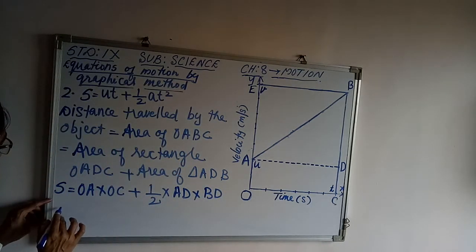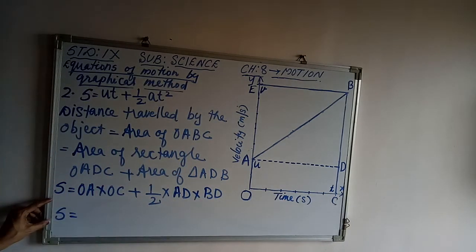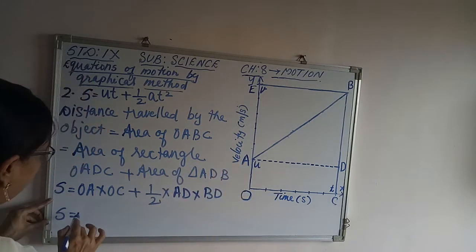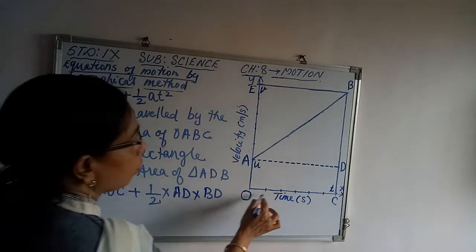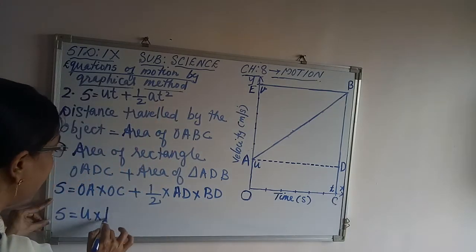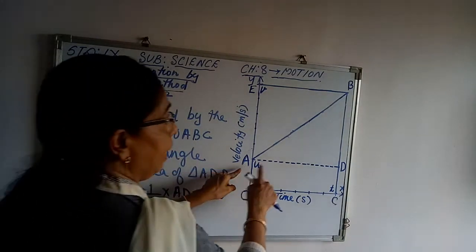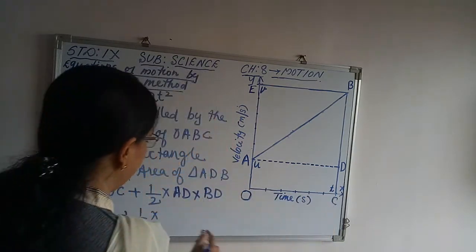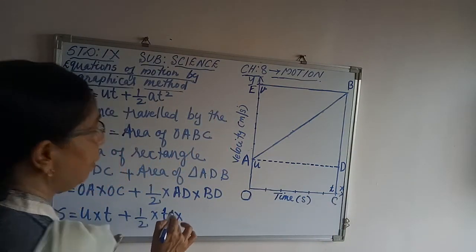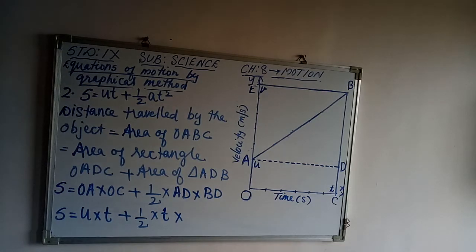So S is equal to, what is OA? OA is equal to U, OC is T, plus half into what is AD? AD is same as OC, that's equal to T, multiplied by what is BD?